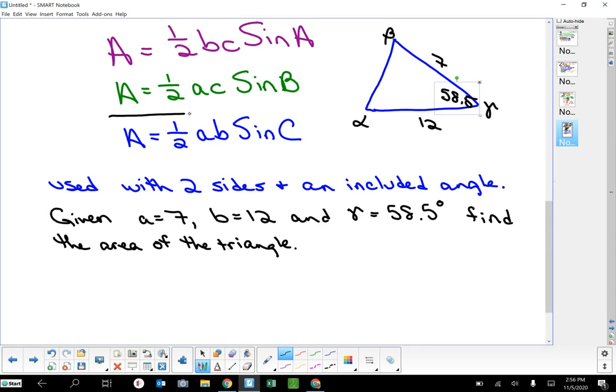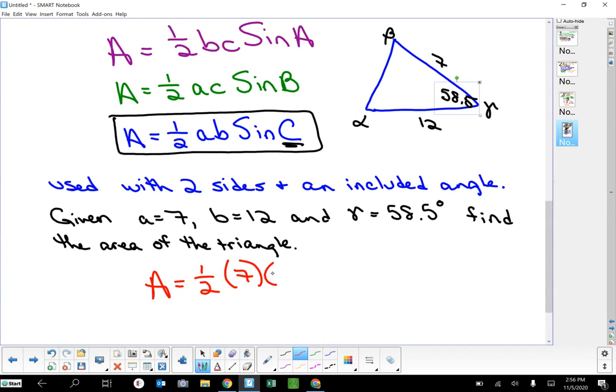So I'm going to use this formula because I have A, B, and angle C. And so let's fill that in. We have area equals 1/2 times A times B times the sine of 58.5. And you can just go straight to a calculator, figure that out.